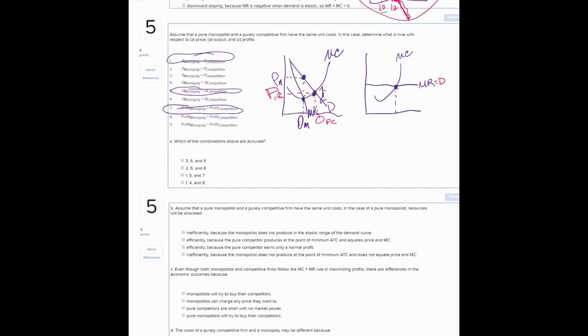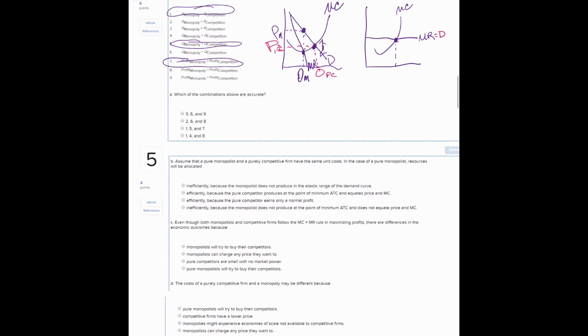And I didn't put average total cost on our graph, but we can see pretty easily that that's going to be a positive economic profit if it's above average total cost. And we're assuming that they have the same average total cost figure. So A says which of the combinations above are accurate. So we're just going to find that combination.